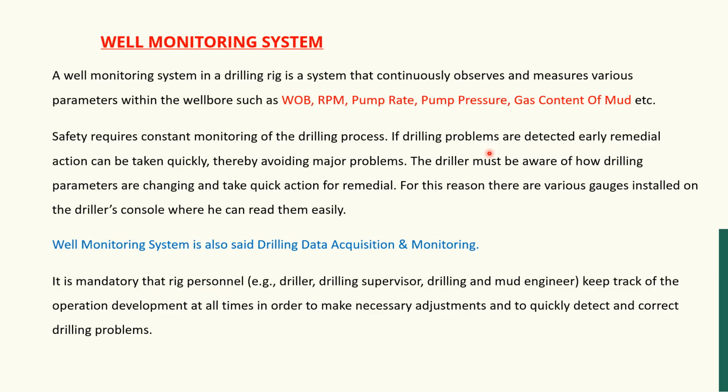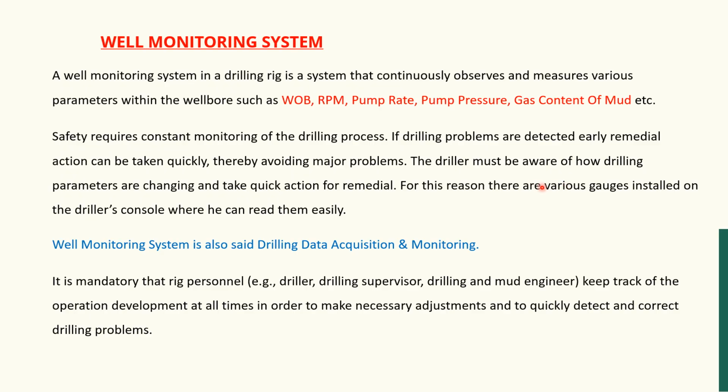They take the real-time data and transfer it to the driller's console, so that early remedial action can be taken quickly, thereby avoiding major problems. If we take remedial action in the very beginning, we can prevent major problems.